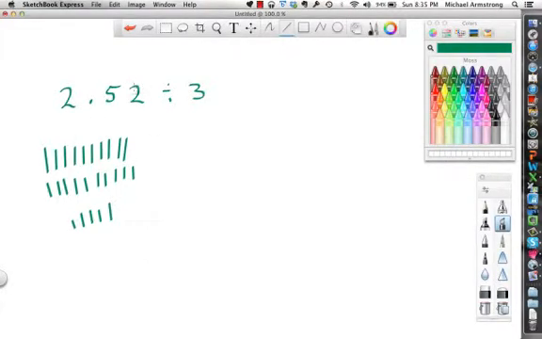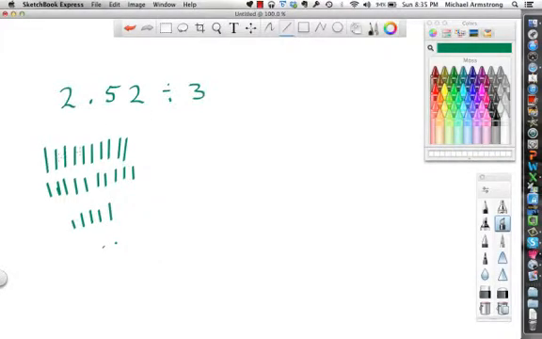I have these 2 wholes here, and 5 tenths. And then I have 2 hundredths, which I'm not going to be able to do a whole lot with. Those are like these 2 little dots. You remember those. But if I start and I divide these, I'm going to have a remainder with these 2 dots. I realize I'm going to have some trouble.